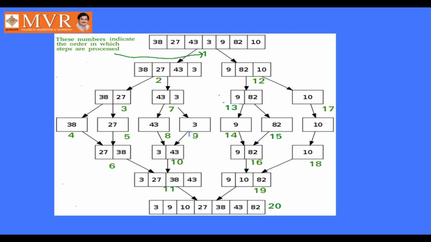In the last step, that is my 20th step, I have combined my 11th and 19th step to form the main list. Here 1, 2, 3 are just for your reference only. I have given them for your reference, and as I want to explain it clearly, I have given the numbers like that.